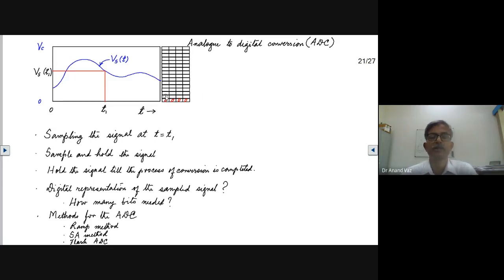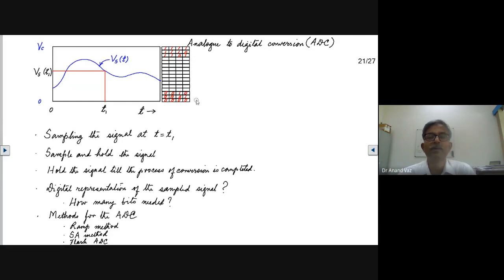Here, the next level is 0001, 0010, and we proceed in this manner right up till 1111. Here we will have 1110. Here we'll have 1101, and so on. So we are just progressing from here to here.